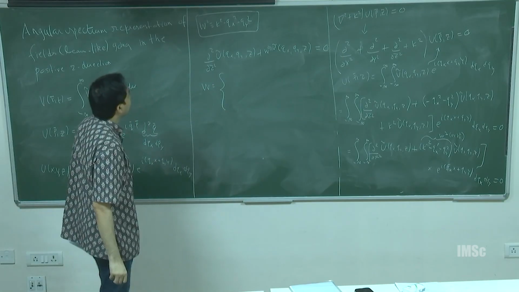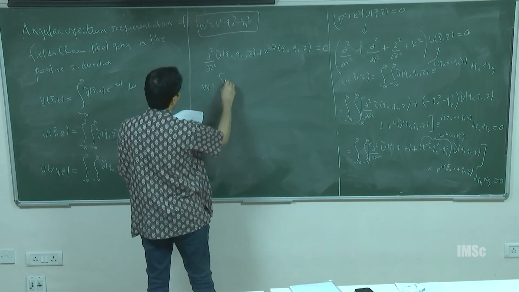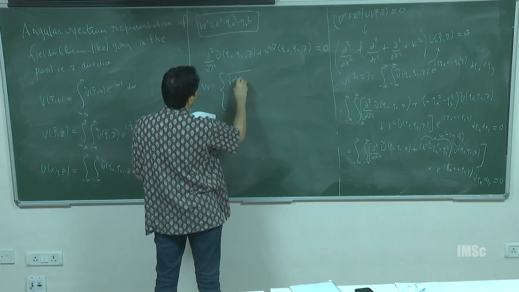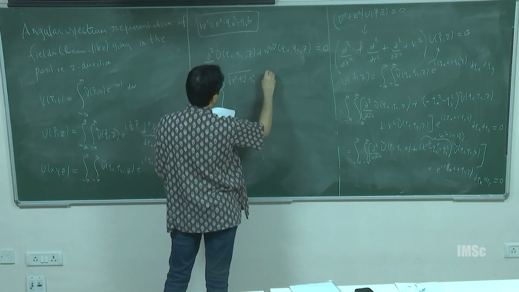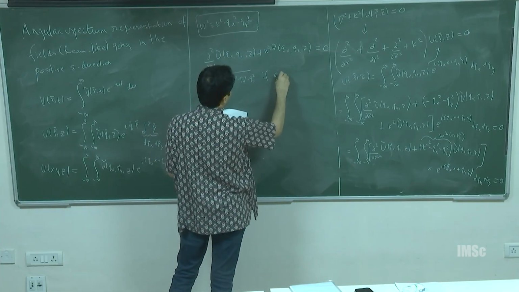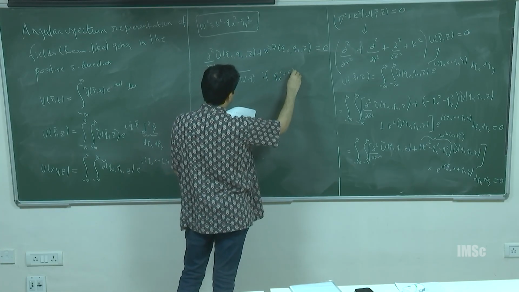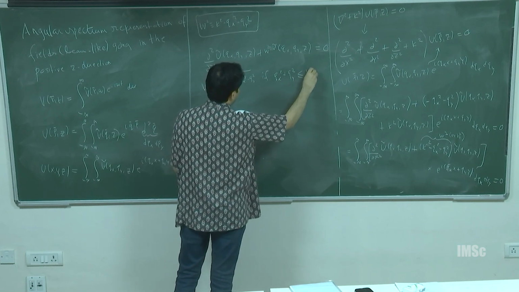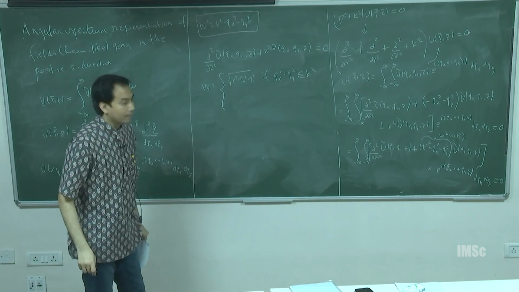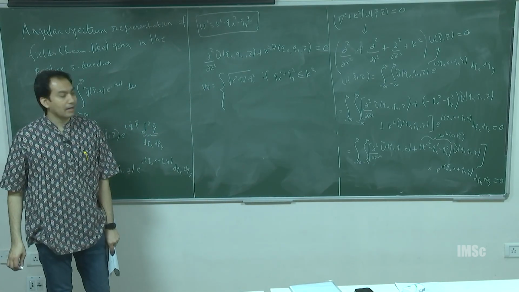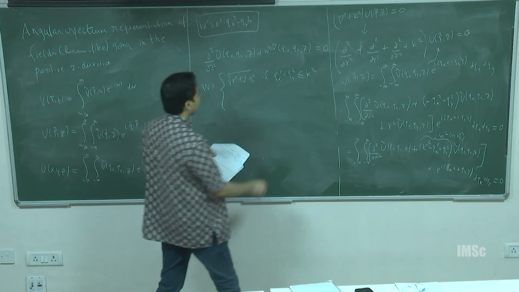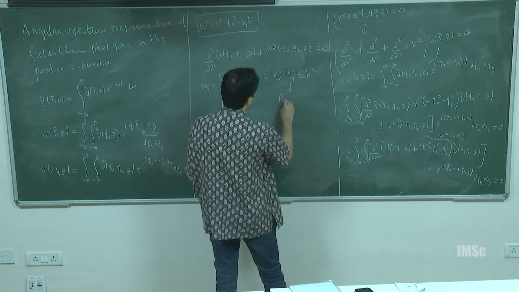Please note that this w, if you take the square root, is positive, because when you take a square root it can have two solutions, a positive and a negative part. The positive solution corresponds to the propagating field.